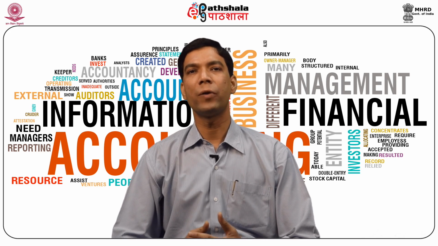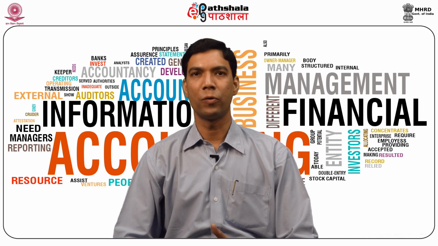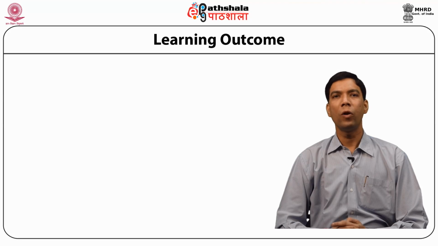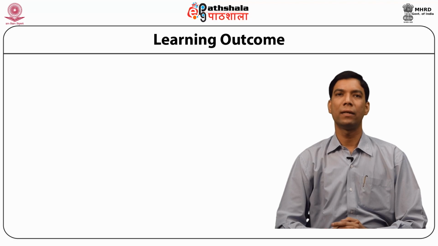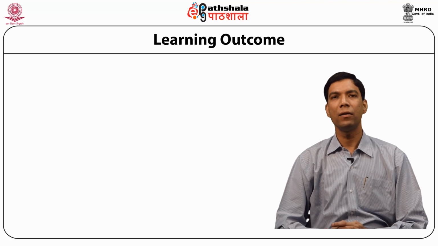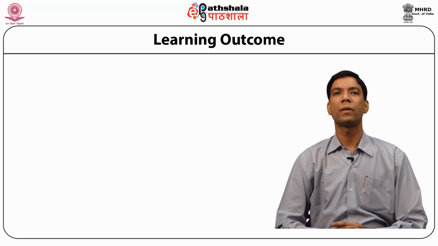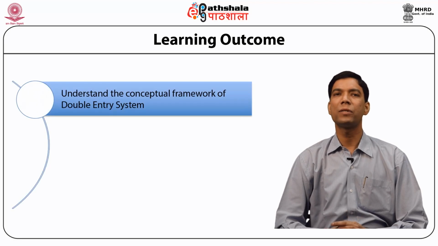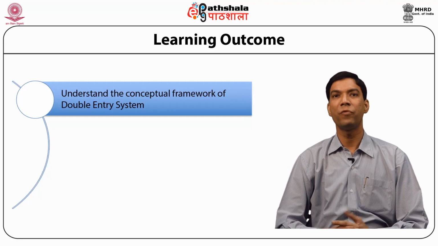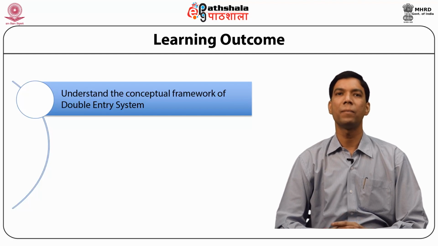What we are going to learn out of this module today is what you will be able to understand by the end of this session. You will understand the conceptual framework of double entry system, where you will learn the various types of the accounts, real, personal and nominal.